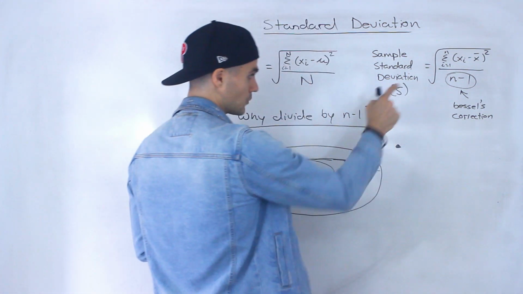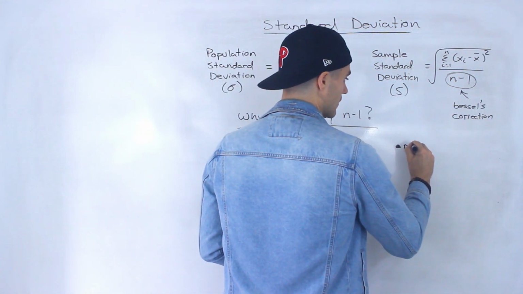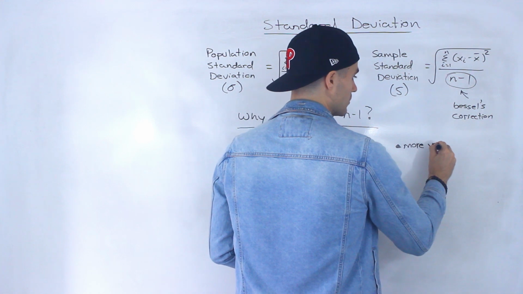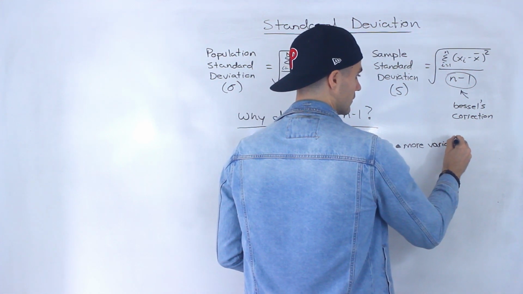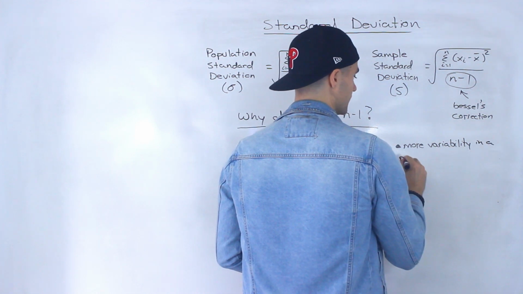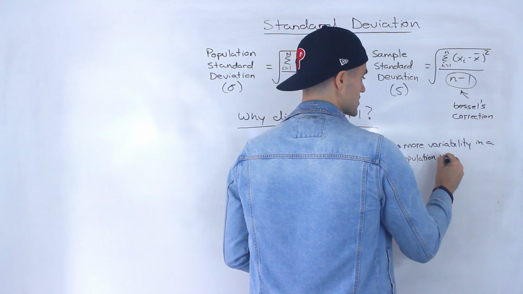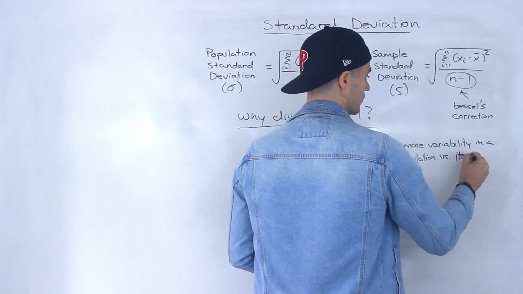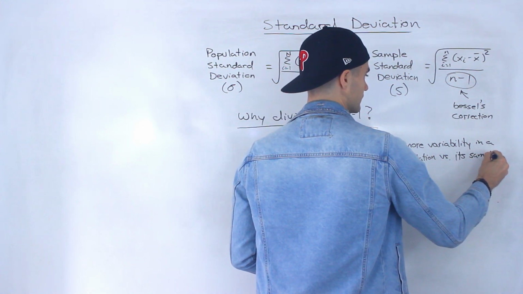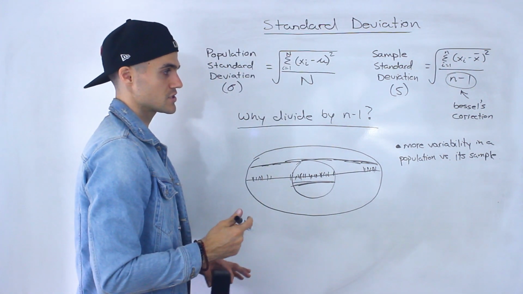I'm going to explain technically why it's n-1. But to start off, there's always more variability in a population versus its sample.